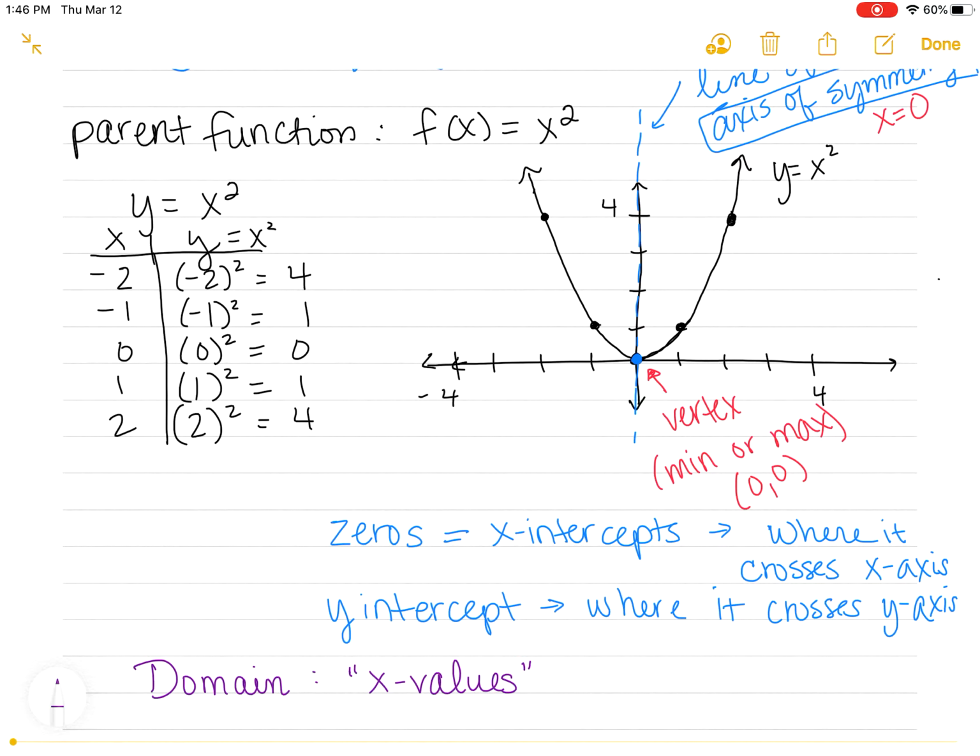In this case, the domain for a quadratic is always all real numbers. We can denote that with a fancy R. You make two vertical lines and then make your R over it. Or in interval notation, that's negative infinity to infinity.